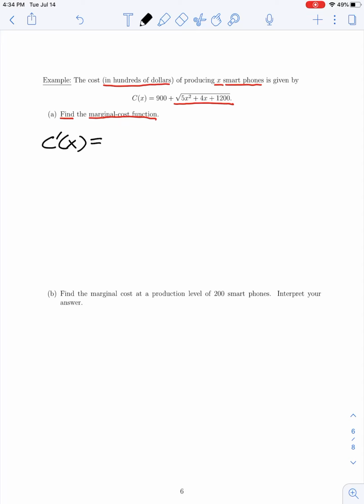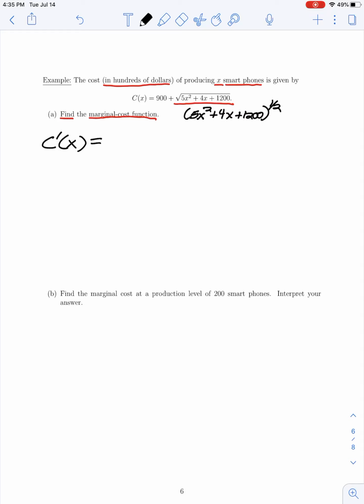To differentiate that composite function, we use the chain rule, which recall says that we first take the derivative of the outer function. Here we can think about this square root of 5x squared plus 4x plus 1200 as 5x squared plus 4x plus 1200 to the 1/2 power, and take the derivative of that expression using the chain rule, or specifically the generalized power rule.